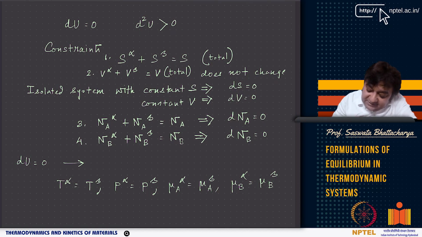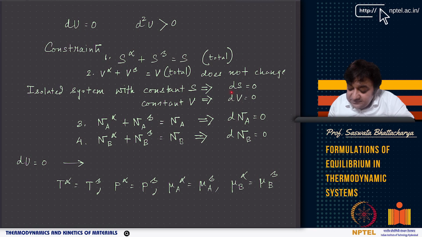S alpha plus S beta equal to S total, that is your constraint. And V alpha plus V beta equals V total also cannot change. So you have constant S, ds equal to 0, dv equal to 0 for constant V, and then total Na cannot change, so dna equal to 0 and dnb equal to 0.